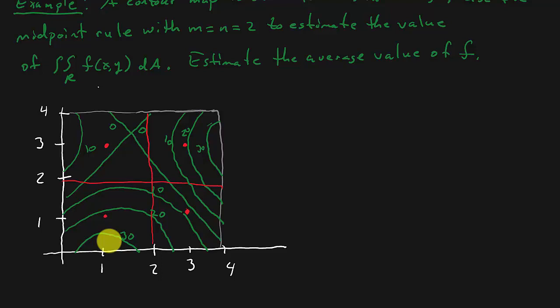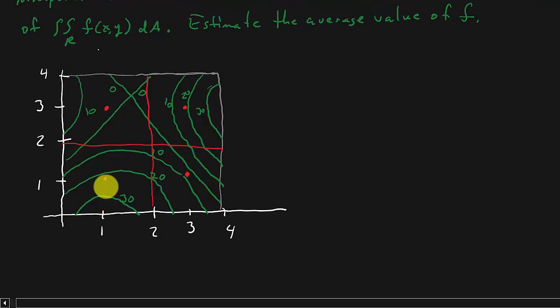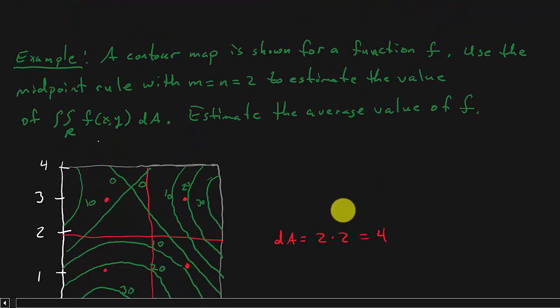We need the height at this point times the area of each square. You see that? That's what we need. So we can see dA is equal to 2 times 2. See, it's 2 by 2, which is equal to 4. That's dA. See?